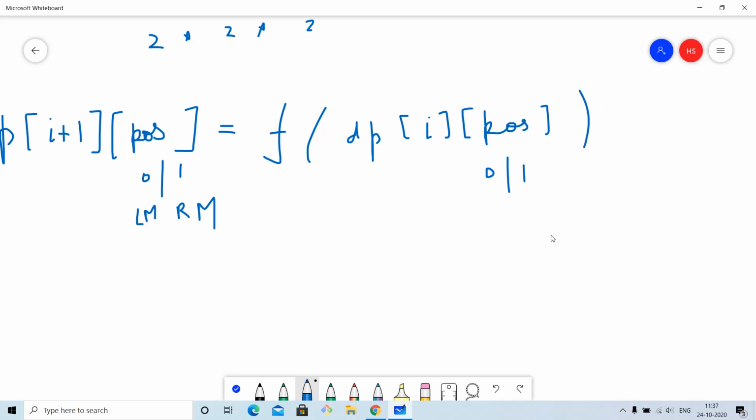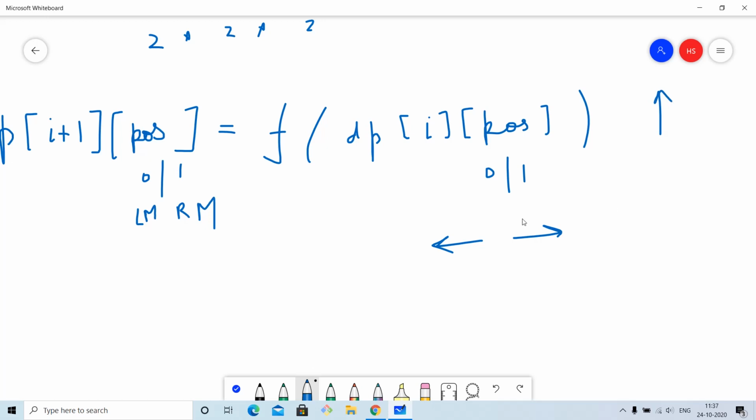And that also, this dp of i, pos comma pos also will be computed using two ways, in that whether we are going through the nearest left or through the nearest right safe column to move up, because we have to also move up to reach the I plus 1th row.